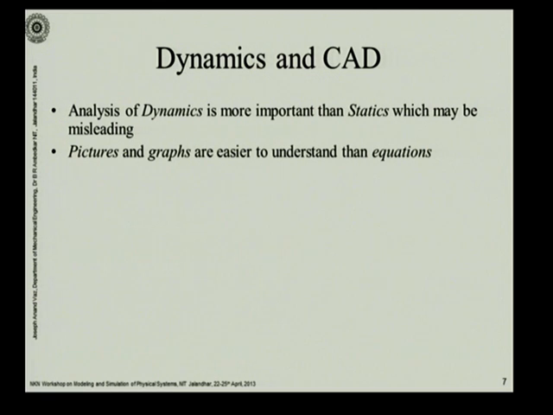The second aspect of dynamics is that pictures and graphs are easier to understand than equations. Is it possible for us to represent, using pictures and graphs, rather than just deal with equations and mathematics, all the abstractions?